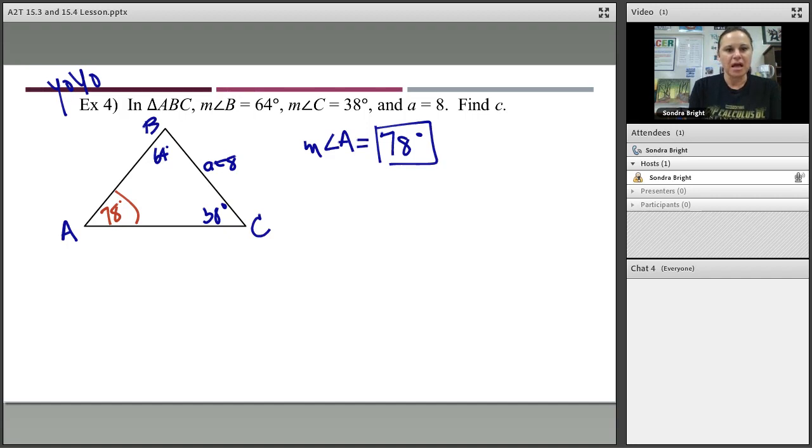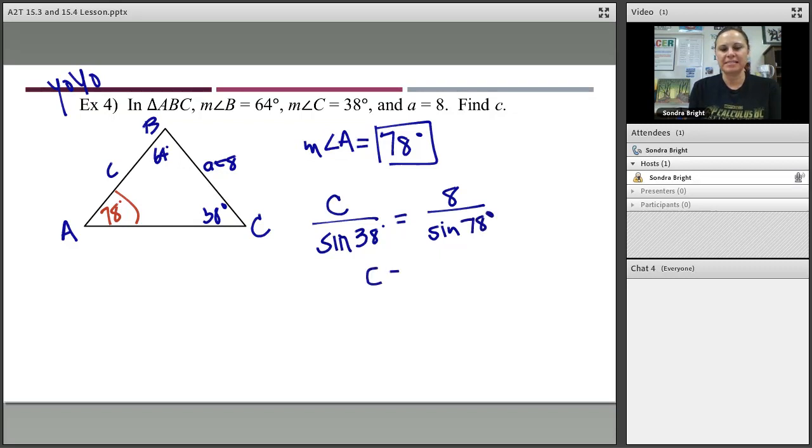All right, so I know I need to find side little c. So we've got c over sine of 38 degrees is equal to side A, which is 8, over sine of 78 degrees. And so little side c is 8 times sine of 38 degrees.